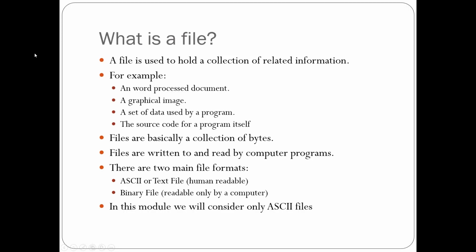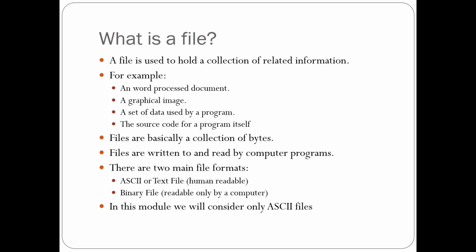So we're used to the concept of a file. We're used to the concept of word processed documents, images, source code for programs, and in the end they're written in exactly the same way, in that all they are just collections of binary.